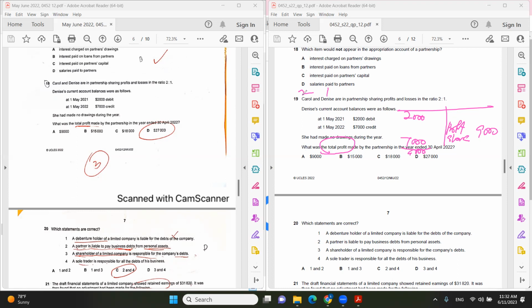Dennis gets one portion out of the 3 portions. Total is 3 portions. Dennis gets 1 portion, and this 1 portion equals 9,000. It means two portions will be 2 times 9, 18,000. So the total profit will be added together. 18 plus 9, 27. So the answer should be D.